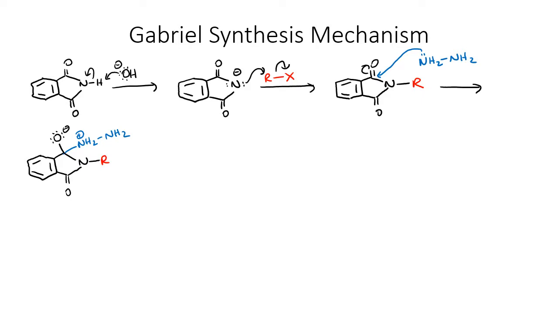In the next step, the electrons are going to come down, and we're going to break the bond between the carbonyl carbon and the nitrogen containing the R group.